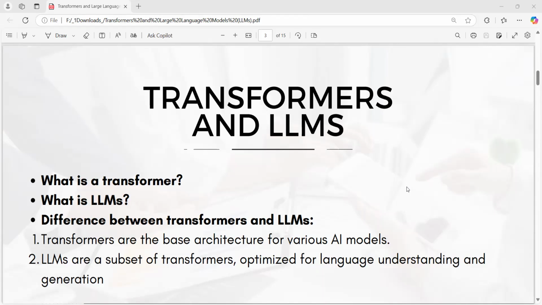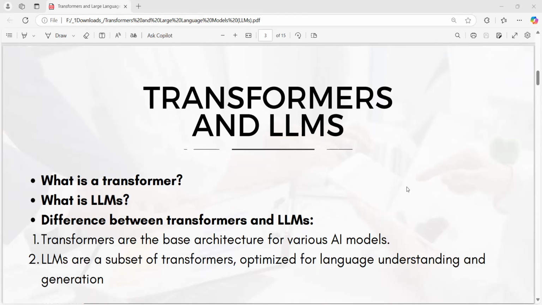As I said earlier, there is a fine difference between both of them. One difference is in scope. Transformers are used in NLP, computer vision, and multimodal tasks, whereas LLMs are specialized in NLP only. We have also seen the difference in examples and applications.